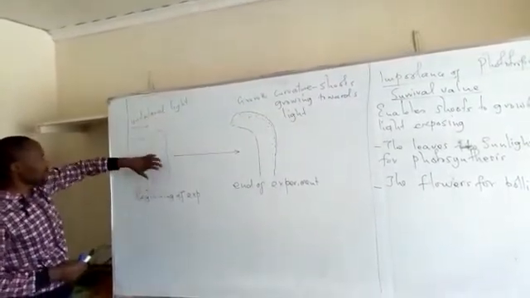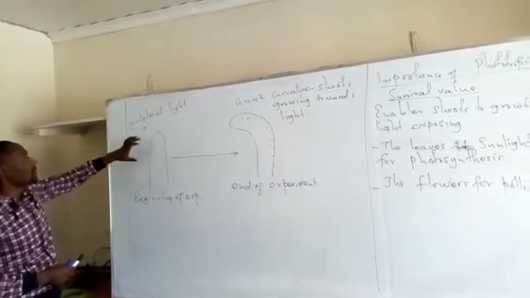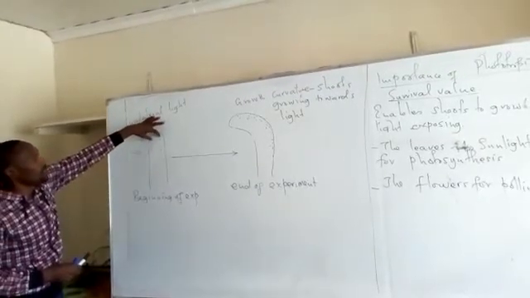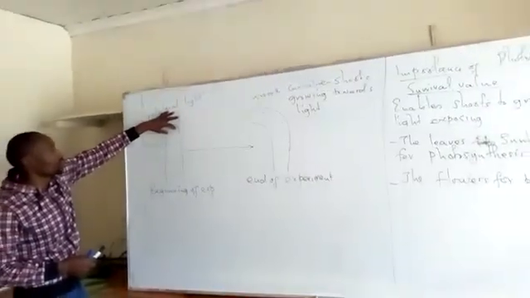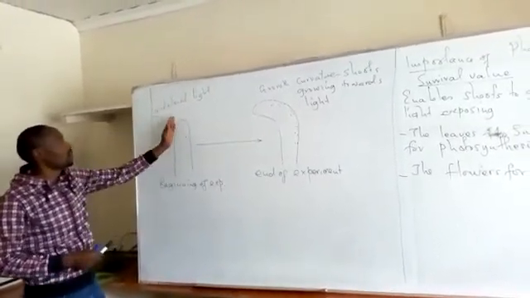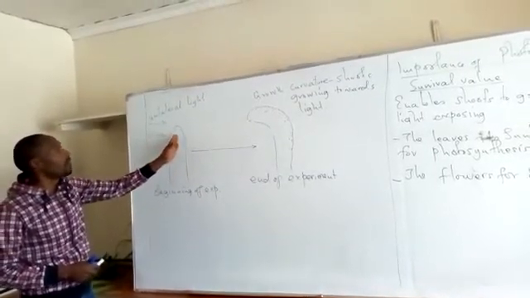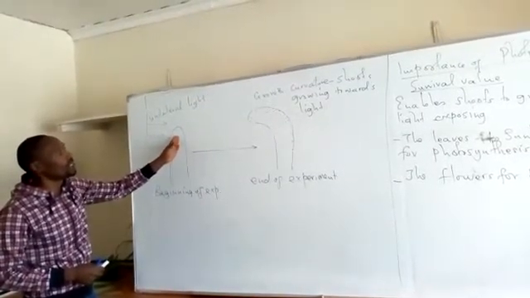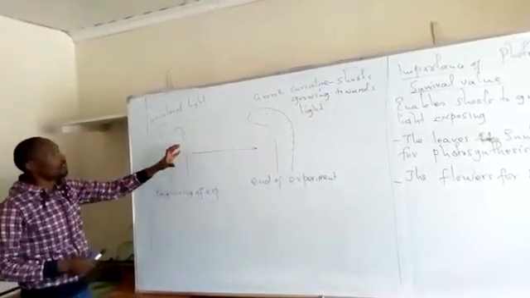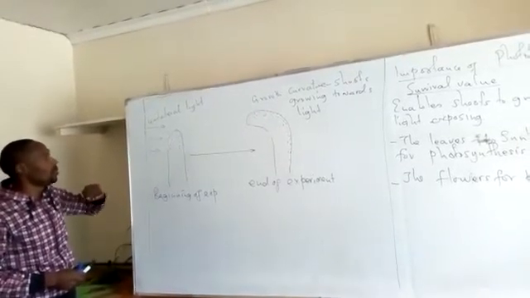So, in the diagram that I've just drawn here, the light is coming from the left hand side, and at the tip there, that's where we see the concentration of auxins being high. So what will be the effect of this light striking on this side on the concentration of auxins, and the net effect on the direction at which the plant shoot will be growing?